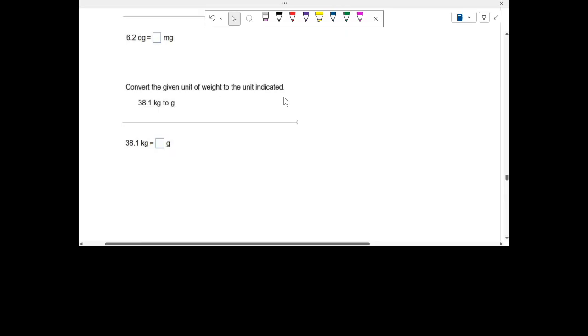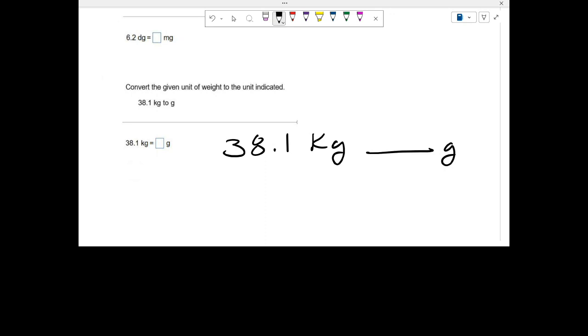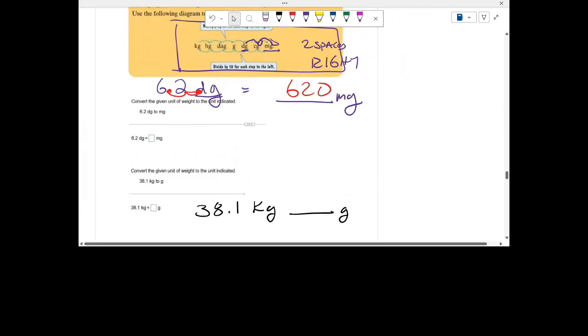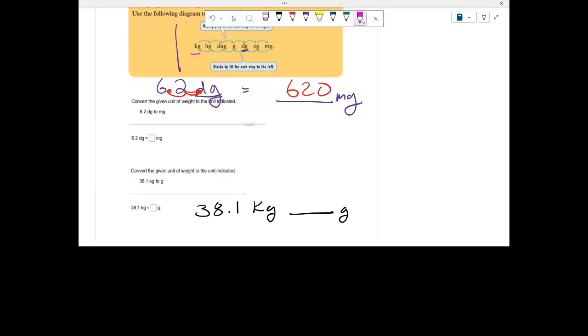We're going to go from kilograms to grams. Okay. So again, y'all, I'm going to write out my problem. We got 38.1 kilograms, and we want to convert that to grams. Okay, so the first thing I'm going to do is come back here so I can make sure I got this thing up on my screen. We're right now at kilograms, and we want to get to grams.